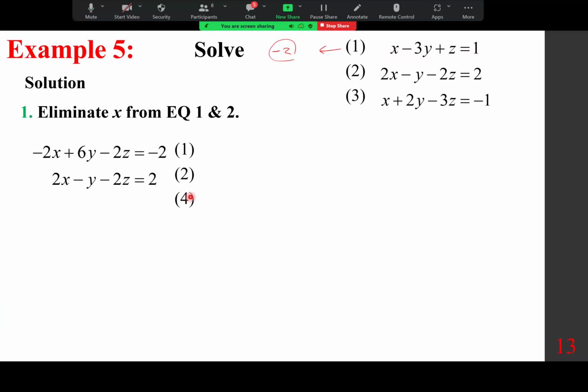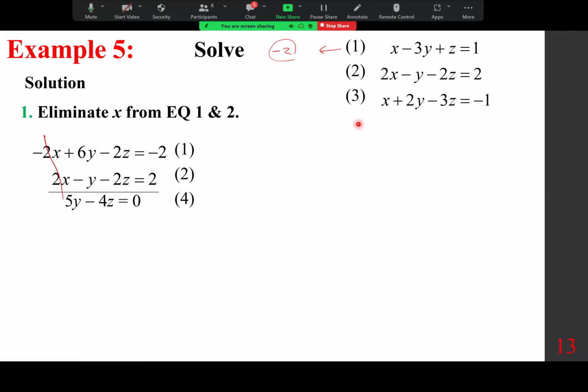We're going to combine them, and the result we're going to call equation number 4. These two cancel each other. These two, 5y minus 4z equals 0. So equation number 4 has two variables, 5y minus 4z equals 0.